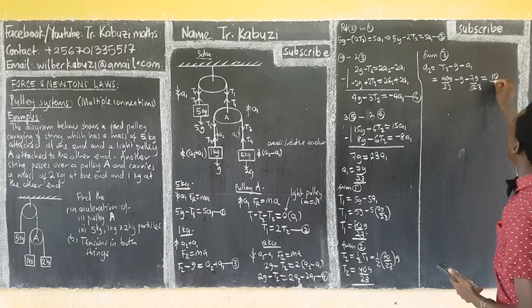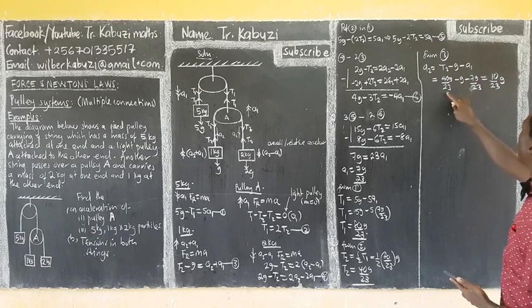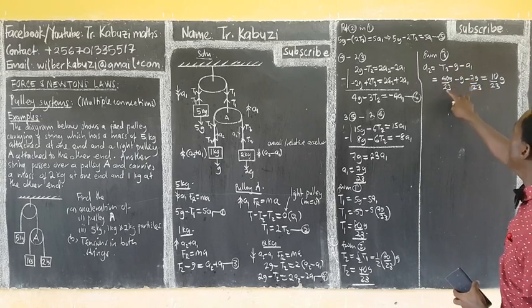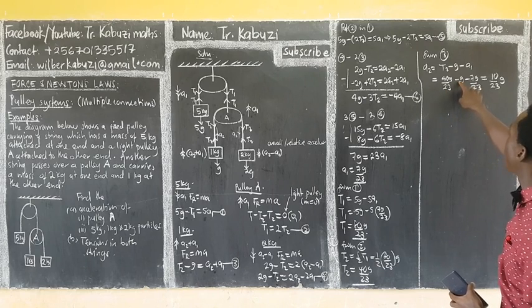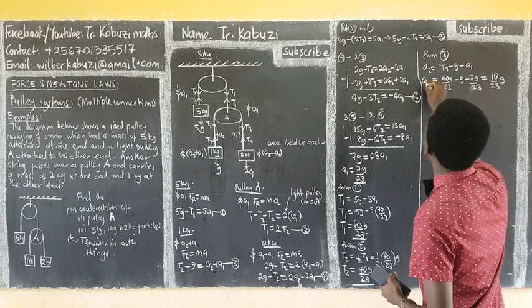That will give me 10 over 23 g. So you get this minus this because the denominator is the same. So 40 minus 7 is 33. Then you get the same 23 here; 33 minus 23 will be 10g over that. So that will be our A2.